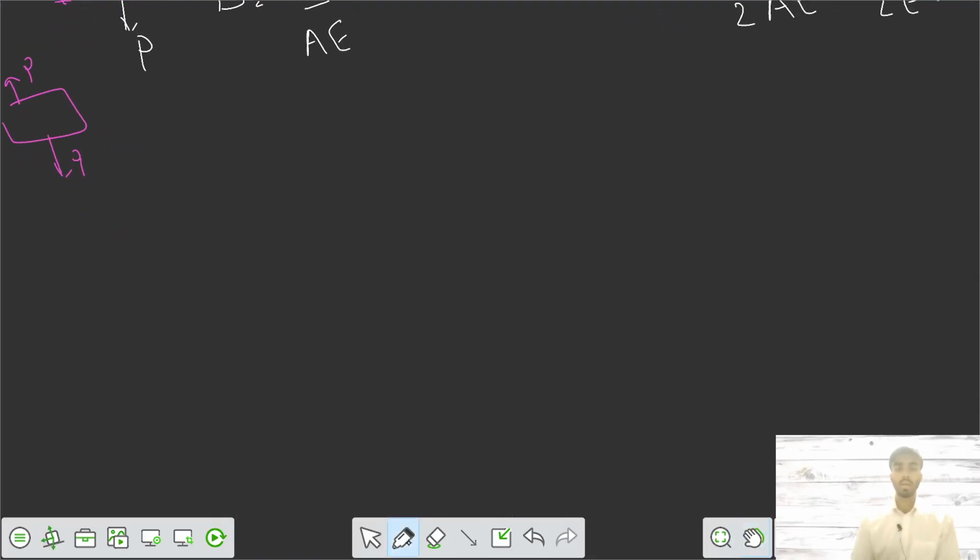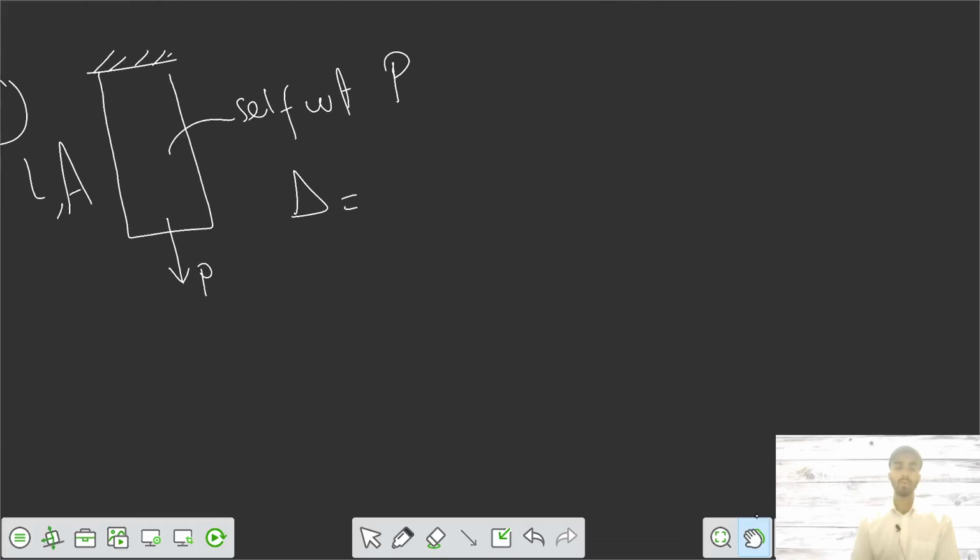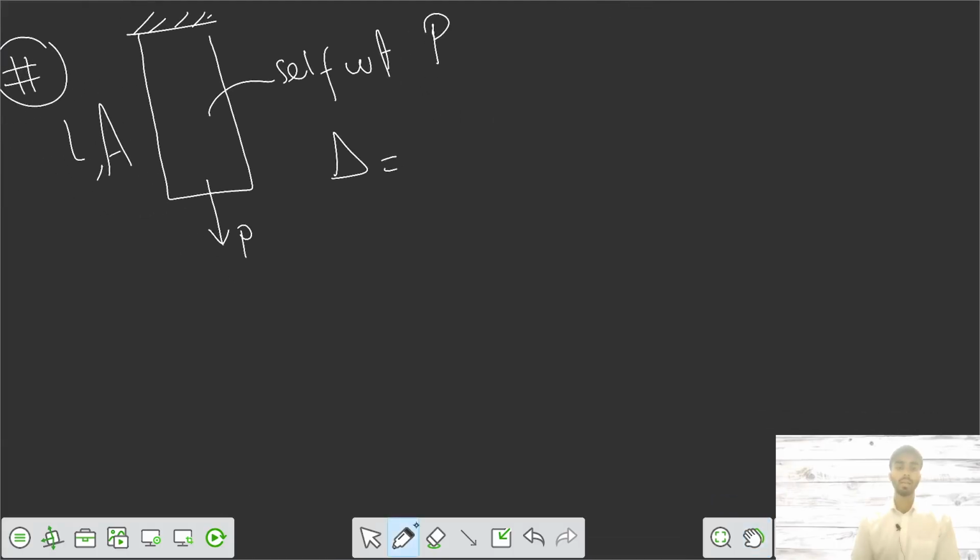If you take a problem, it might come in an exam. Say you have a body here, having self weight of P, and you're applying a force of P here, and length is L, area cross section A. Get the total deformation. Now, can we use the superposition theorem? Yes, we can.